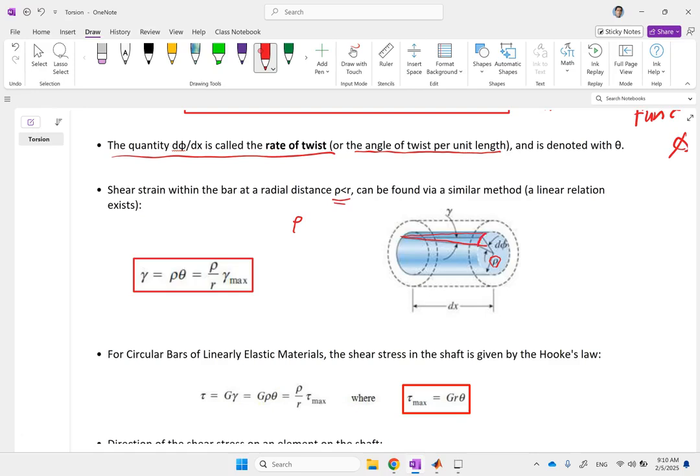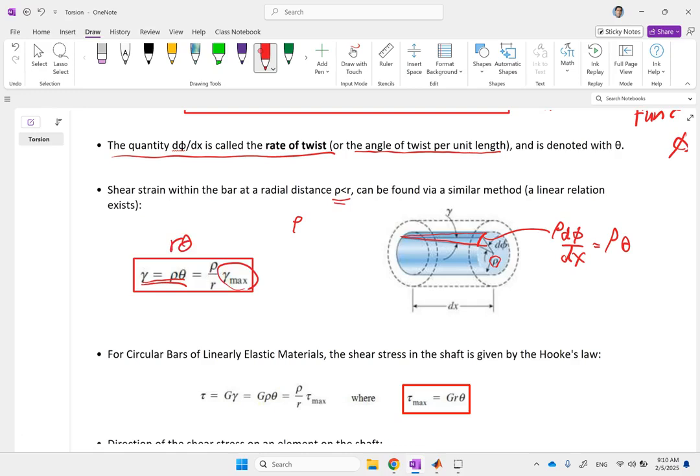Because this length here is going to be rho times d phi, and this length is dx, so it's going to be rho d phi over dx, which is rho times theta. And rho is less than R, so gamma is going to be less than gamma max. So gamma at any point inside the shaft is going to be rho times theta as opposed to R times theta, which is this gamma max.